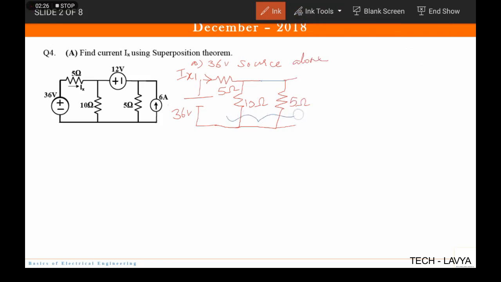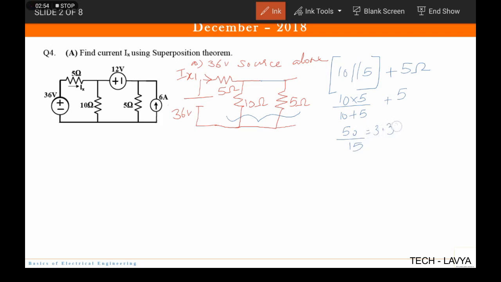If you see, the 10 ohm and 5 ohm are in parallel, and this combination is in series with the 5 ohm resistor. The parallel combination of 10 and 5 is 10 into 5 upon 10 plus 5, which is 50 upon 15, which comes out to be 3.33 ohms.